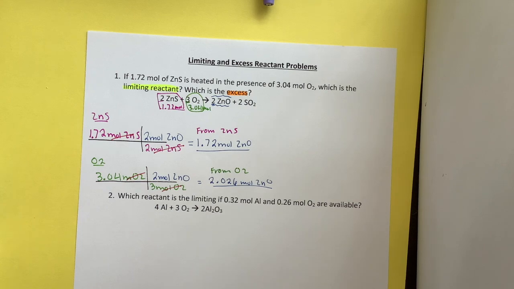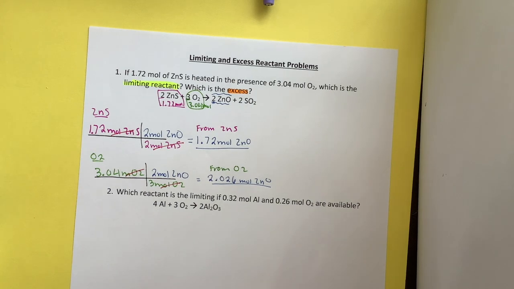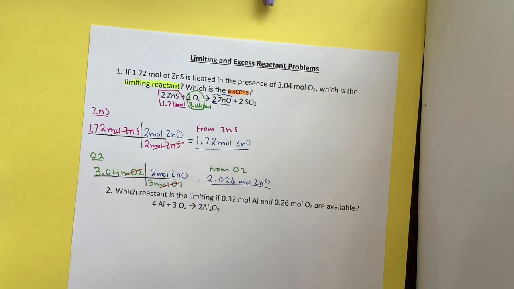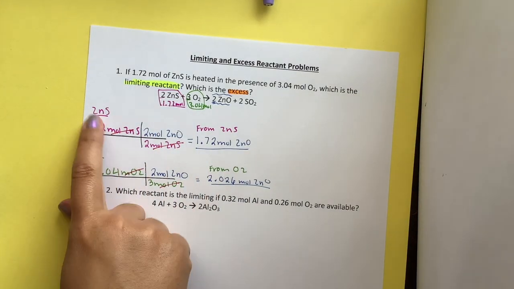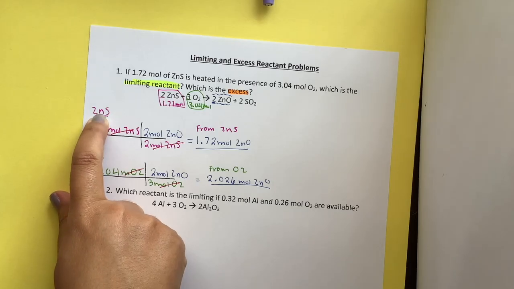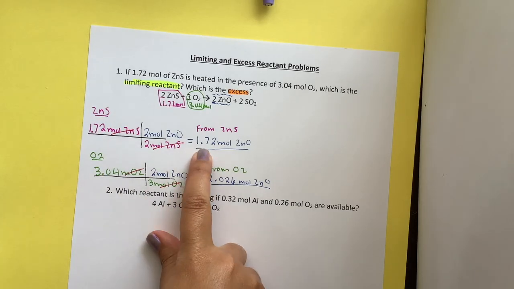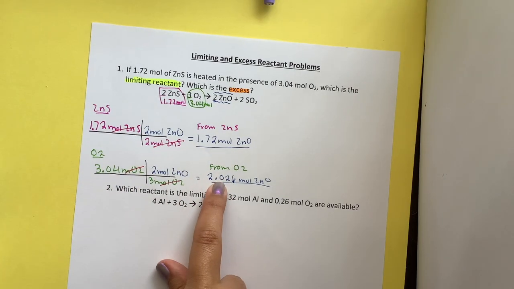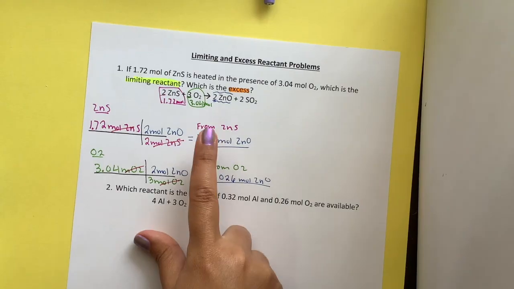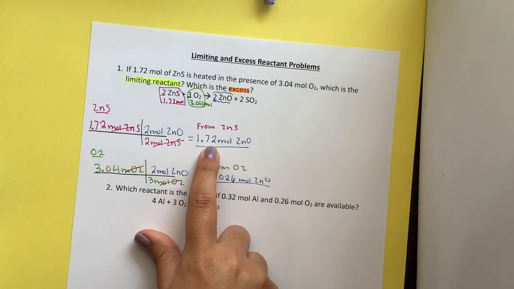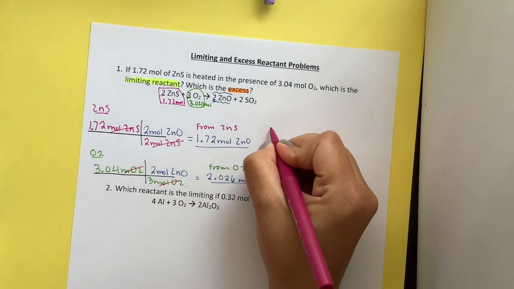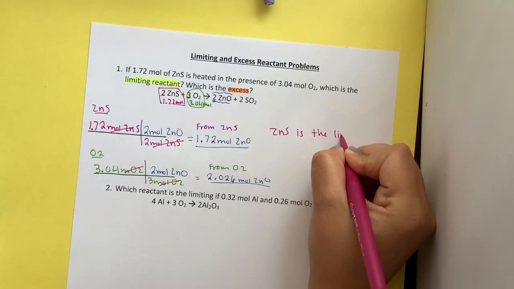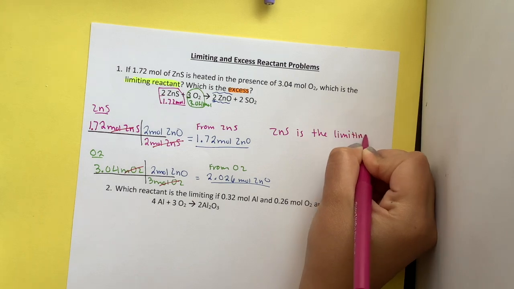Okay, so my question is asking me which one is the limiting reactant. Well, which reactant produces the least amount of product? Zinc sulfide produced 1.72 moles of my product. Oxygen produced 2.026 moles. Since zinc sulfide produced the least amount, that means that zinc sulfide is the limiting reactant.